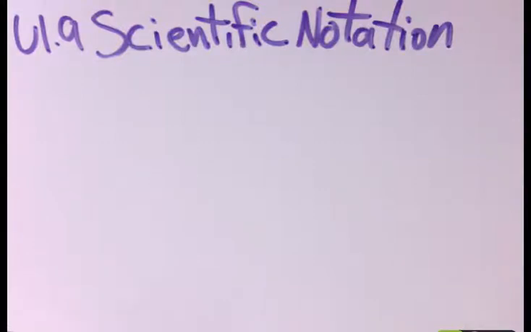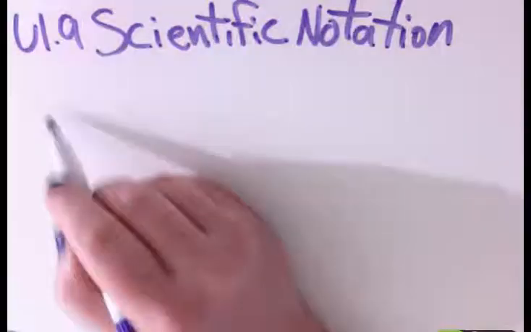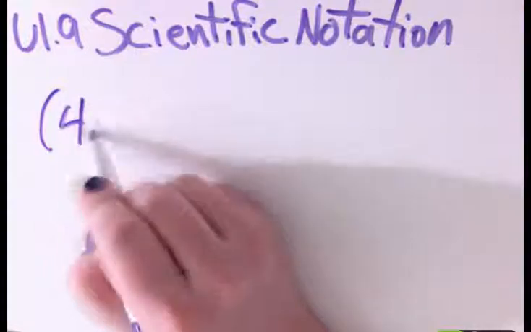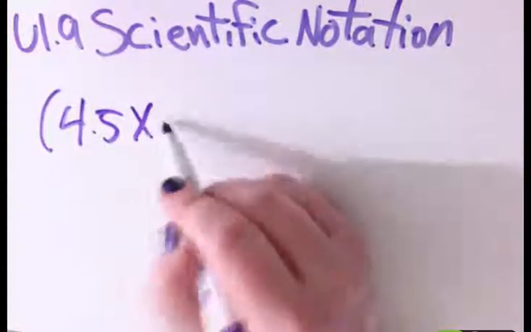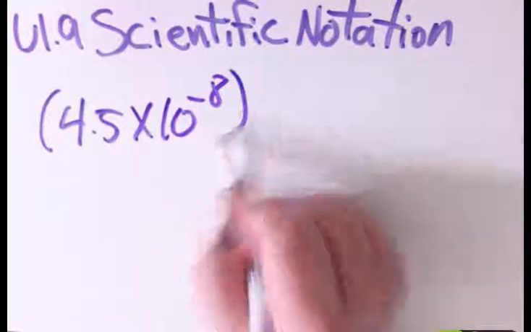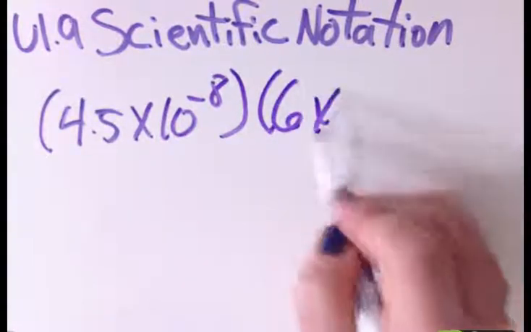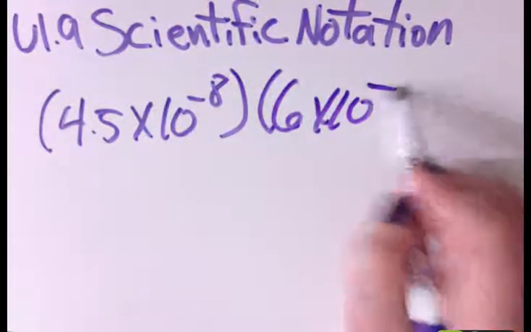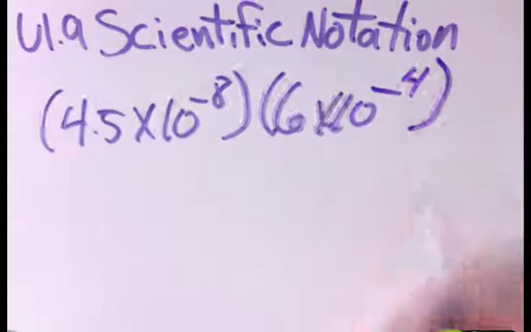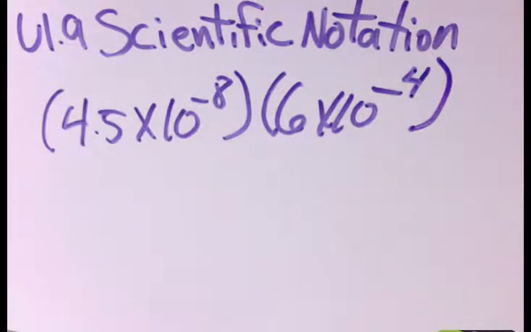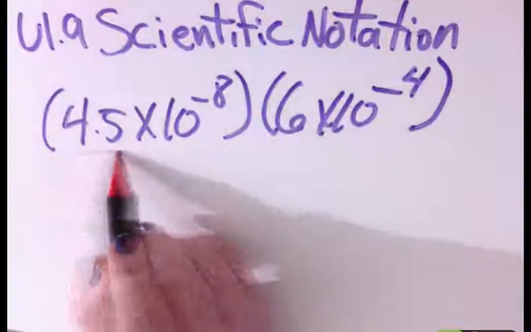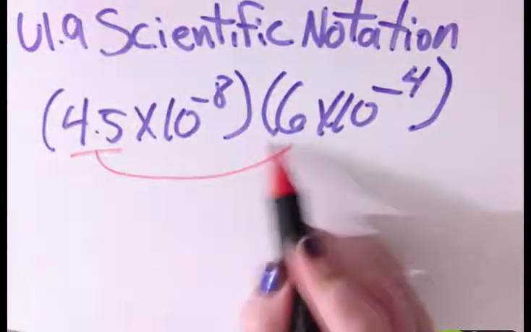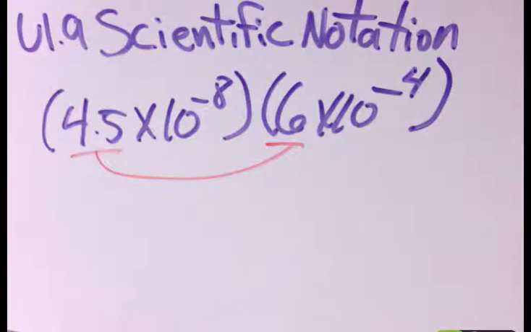So now let's say instead of dividing, we're going to multiply. So just like we did before, we can look at just the beginning numbers. And then we can look at just our exponents.